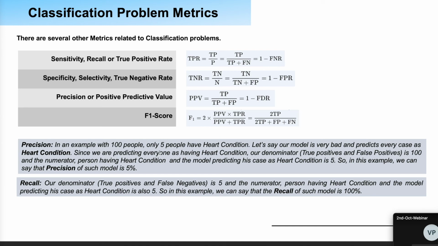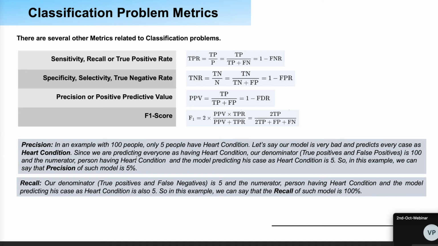Since we are predicting everyone as having heart condition, our denominator, true positive plus false positive, is 100. The numerator, a person having heart condition and the model predicting it, is 5. So the precision of such a model is 5%, which is terrible. Why is it bad?